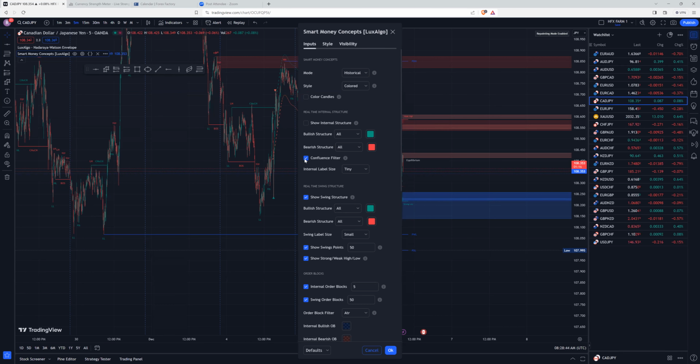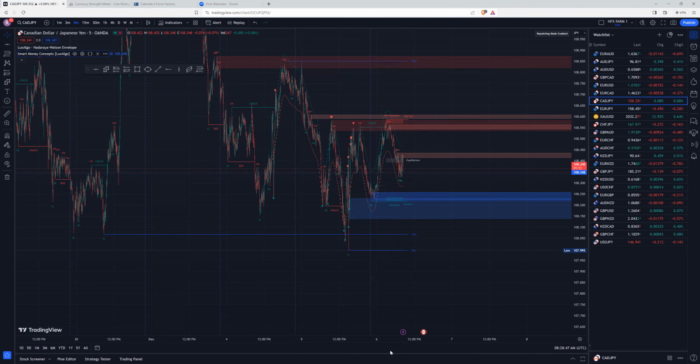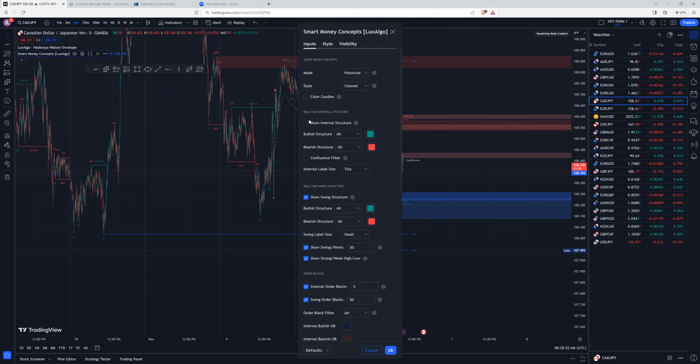If I turn off the confluence, some of them will be wiped off. You only get a few to play. So that's how the confluence really works for this smart money concept. We don't need internal structure, and we don't need the confluence. This is just all we need.